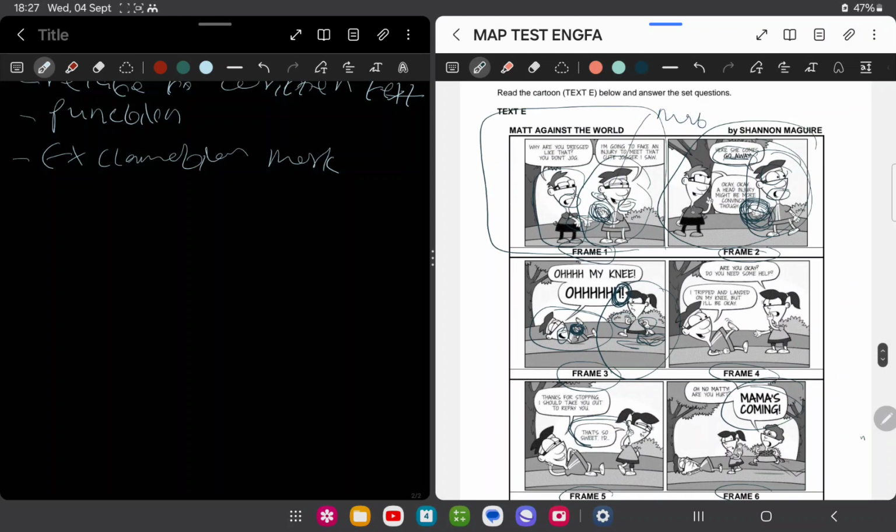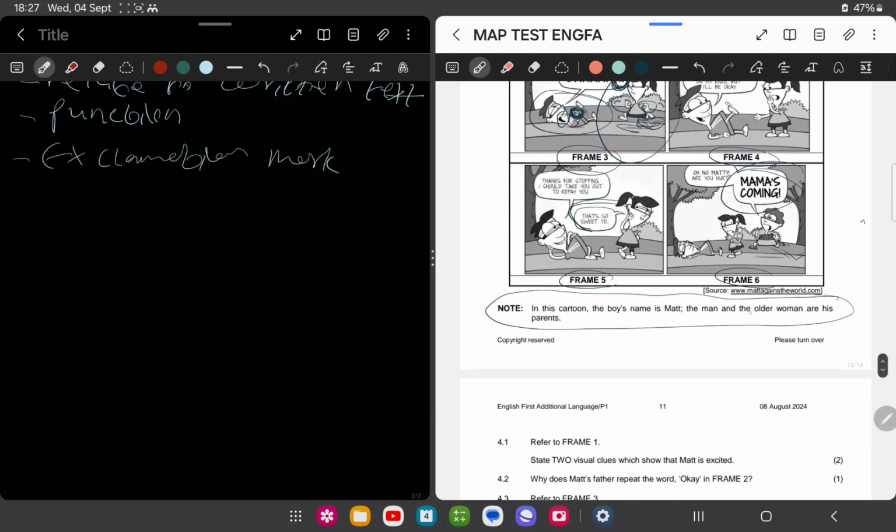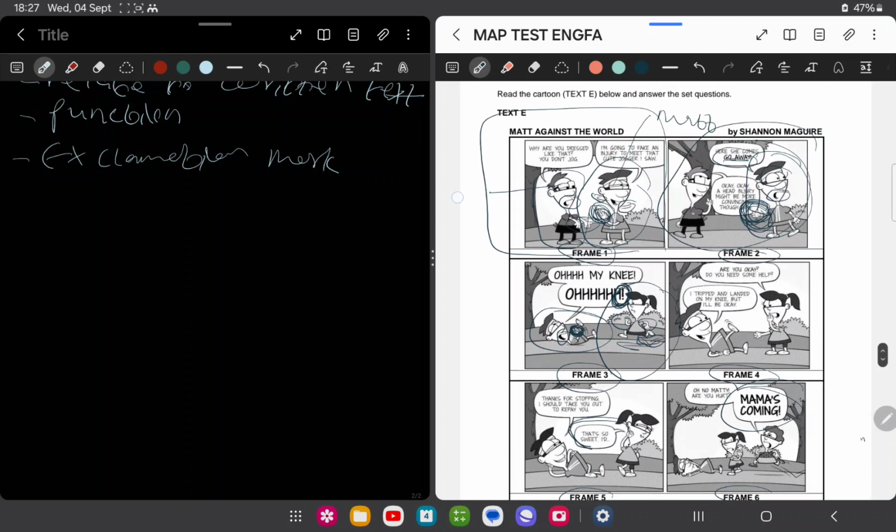It's Matt. The man and the older woman are his parents. We have the man here, and the older woman. So these two characters are Matt's parents.